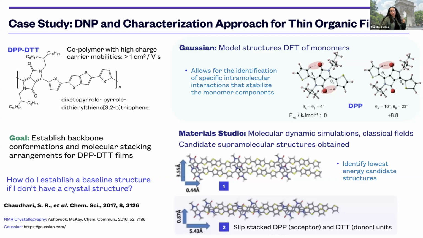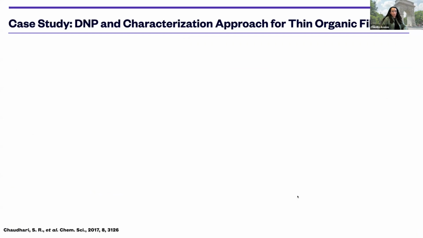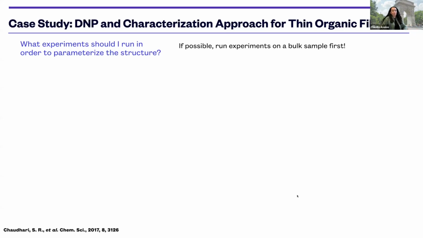In this particular study, two different kinds of structures were found: some that were directly stacked on top of each other that were lowest in energy, and some that were slip stacked between the acceptor and donor units. Okay, so this is the general approach. Then I can ask, what experiments should I run in order to parameterize the structure?